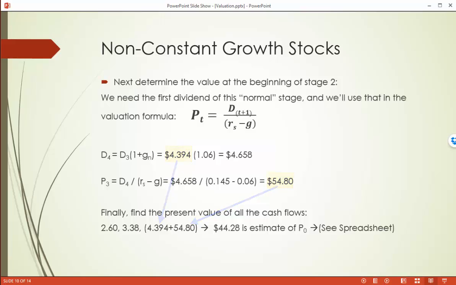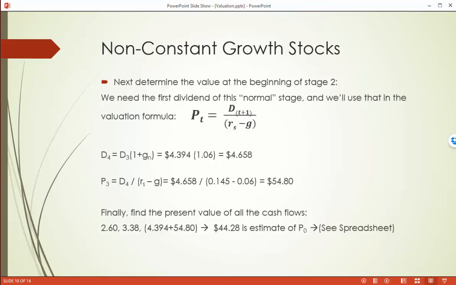We add those together, and those are the cash flows the investor would receive at the end of time period 3. If we take the present value of all of those cash flows using 14.5% as our discount rate, we end up with an estimate of the value being $44.28.